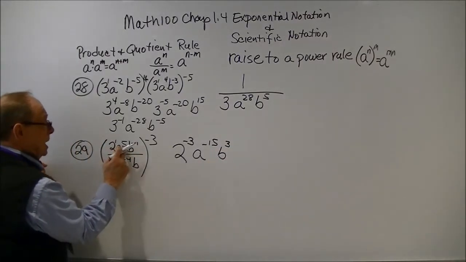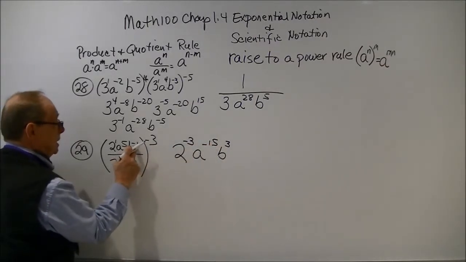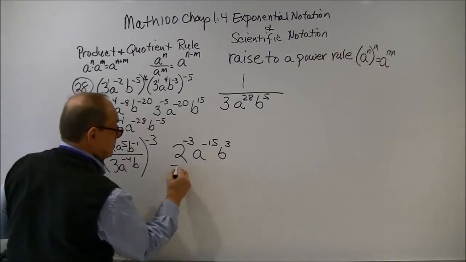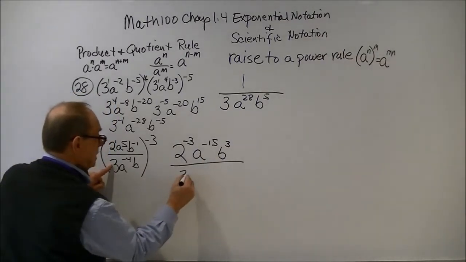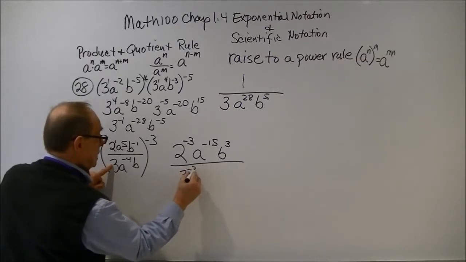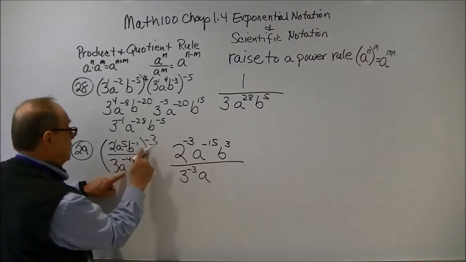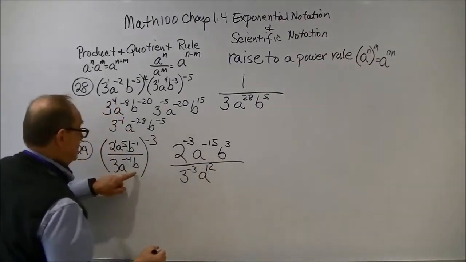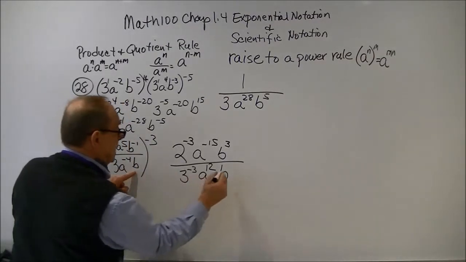So -5 times -3, -15. -1 times -3, a +3. Now this becomes 3 to the -3, A, -4 times -3 is a +12. And this becomes B to the -3.